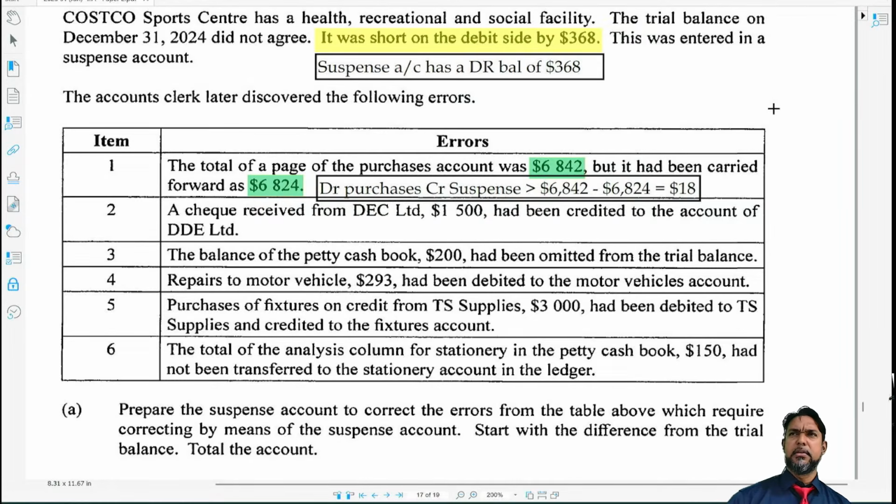Did we credit DEC? No, we credited DDE. Now, if we credited somebody we're not supposed to credit, how do we fix that? By debiting them. So you'll debit DDE. And if you forget to credit somebody, how do you fix that? You credit them. All right. So let's bring this down here.